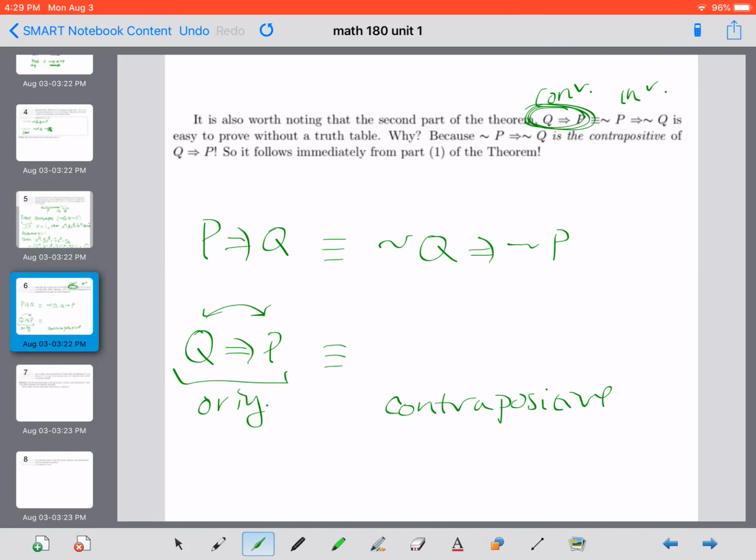So I swap their places and I negate them both, and I'd get not P implies not Q. Aha! So we didn't really need to do a truth table for those two, but we didn't know that ahead of time.